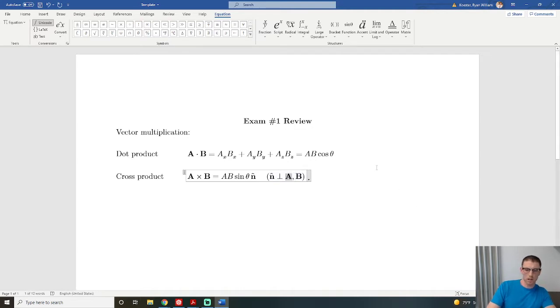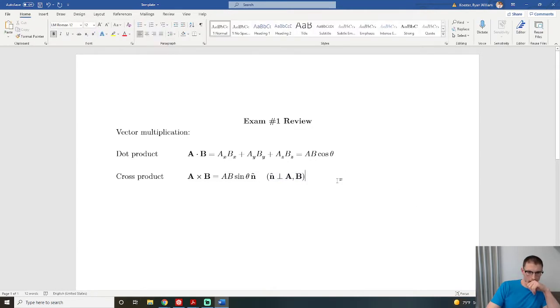This is how we determine the direction of n hat, right?